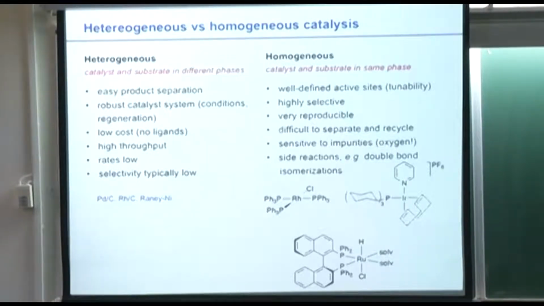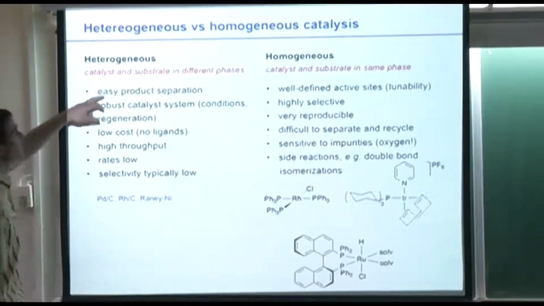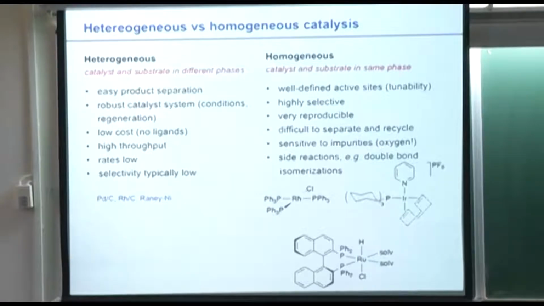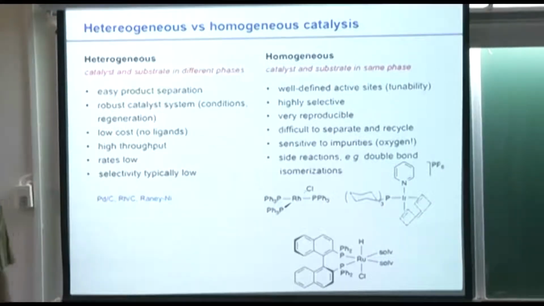I put here down together all the characterizations of a heterogeneous and of a homogeneous catalysis reaction. So key is in a heterogeneous reaction, the catalyst and the substrate are typically in different phases. And most commonly the catalyst is a solid and the substrate is either a gas or a liquid.